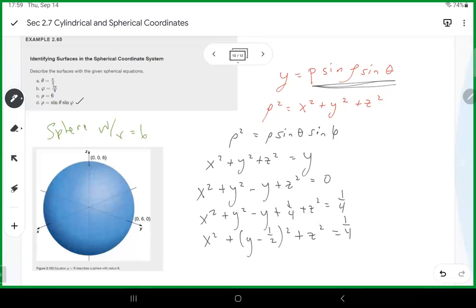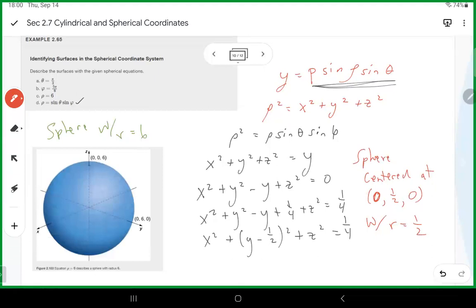Okay, so the equation describes a sphere centered at 0, 1/2, 0 with a radius of 1/2. So, sphere with radius 1/2.